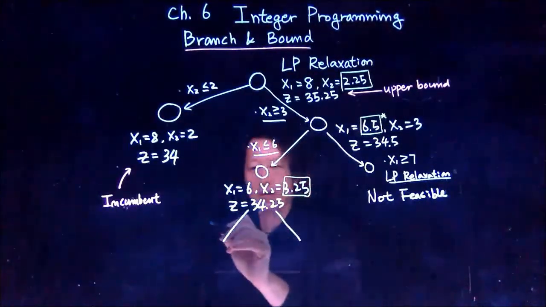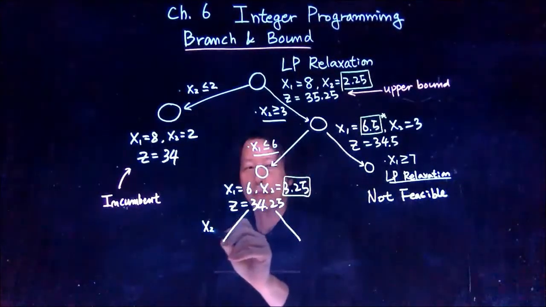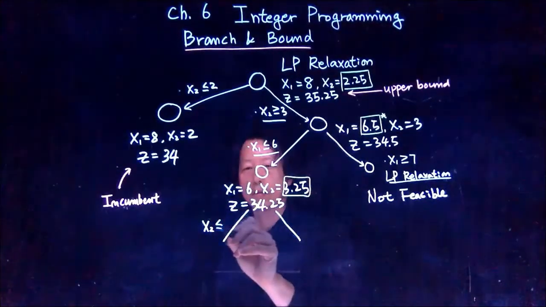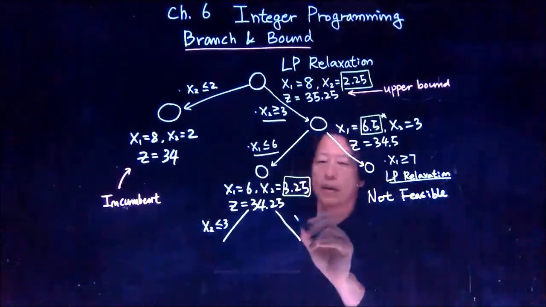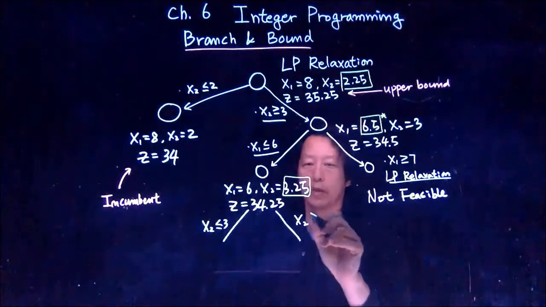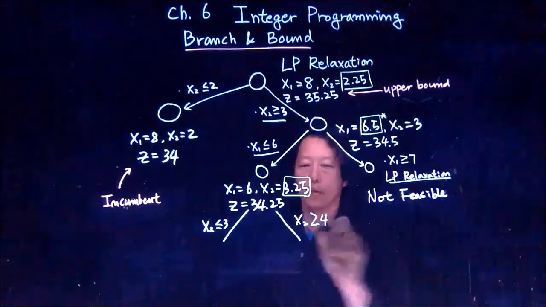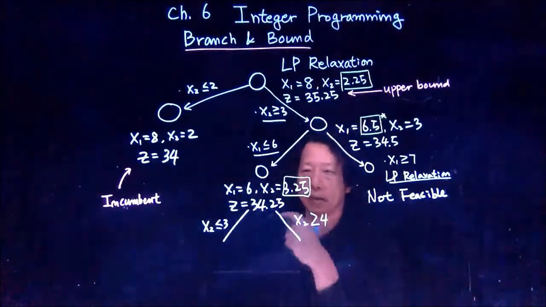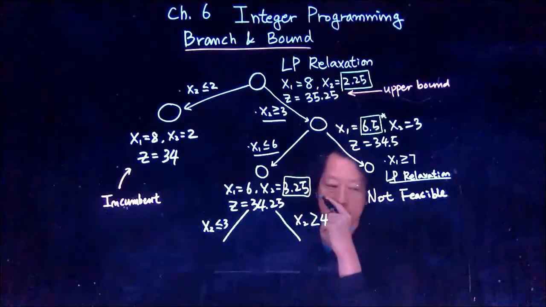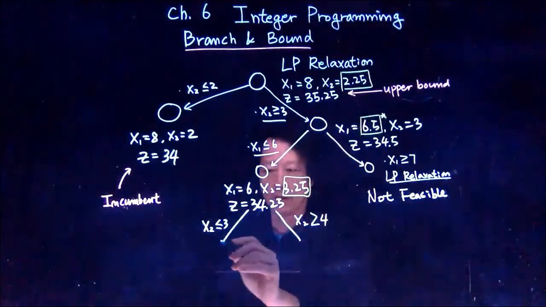So I'm dividing it here, but x2 should be smaller than or equal to 3, or x2 should be greater than or equal to 4. Again, we are not losing any integer values here.